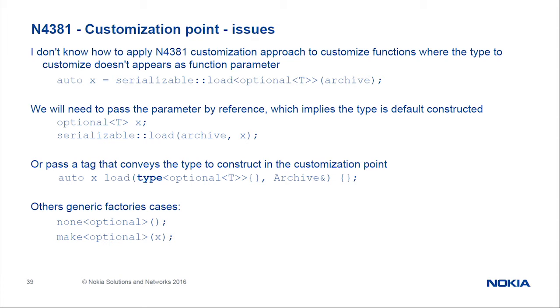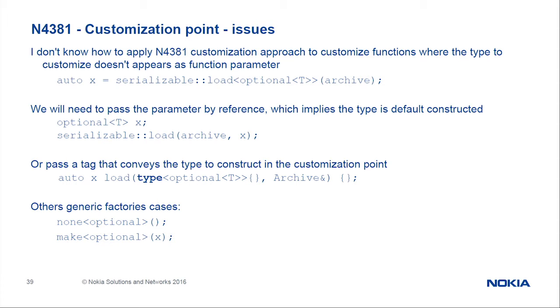Okay. Then what we can do is change the interface, at least the customization interface, and say, instead of requesting it as a template parameter of the load function, I will pass an optional by reference. But this means that I will be able only to load things that are default constructible.